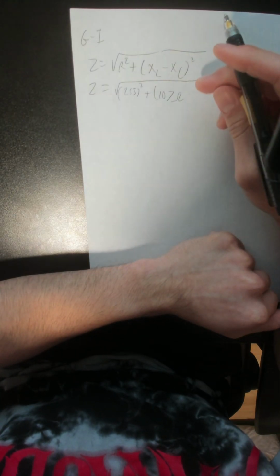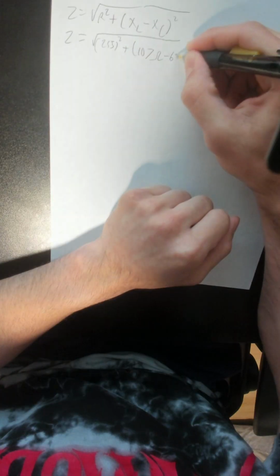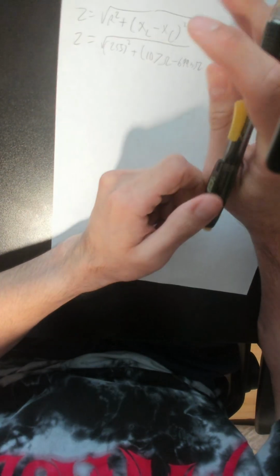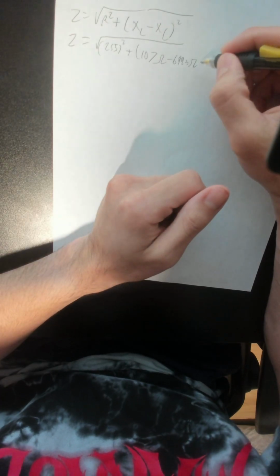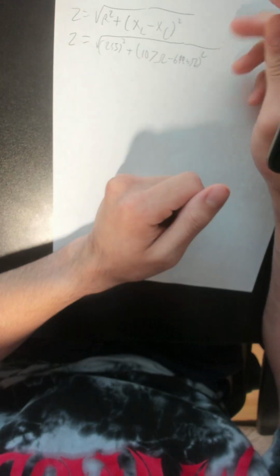And what was it again? Minus. Let's check that real quick. 699.3 ohms of resistance, the capacitive resistance, to the power of 2.